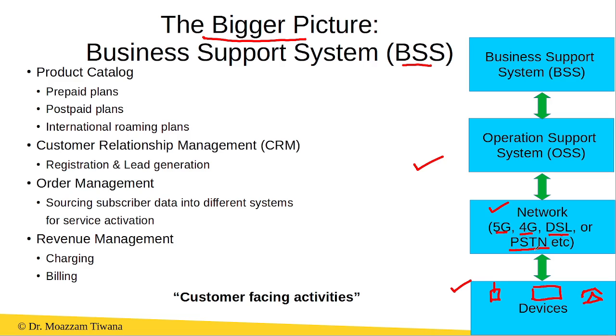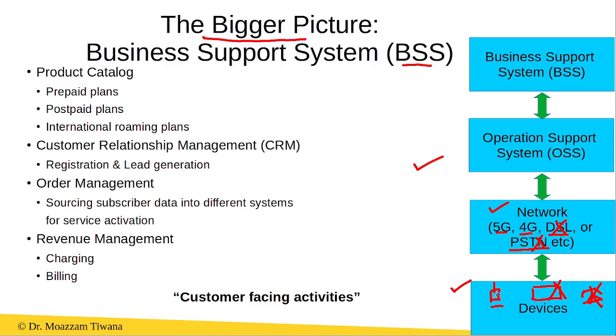Now, since in this course our focus is on mobile wireless networks, we will assume that the device being used is a mobile station, and it is being used to use the services of a mobile wireless network.